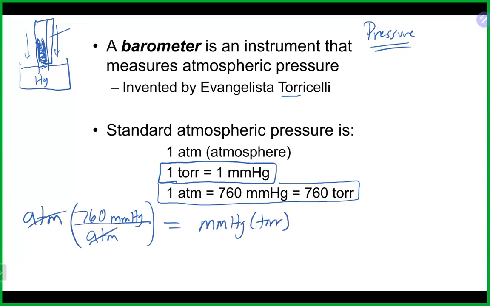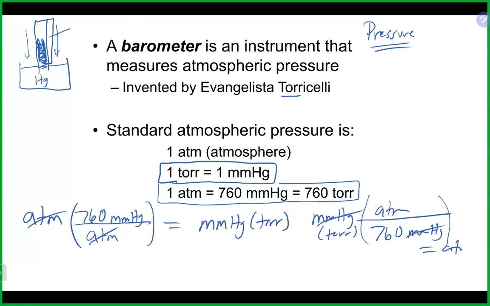And if you have millimeters of mercury or torr and you want atmospheres, you're going to divide by the 760. That will get you atmospheres in terms of the unit. So that 760 number is an important number. It allows you to do the conversion between the different units, and again, either multiply or divide, depending on which way you are going.